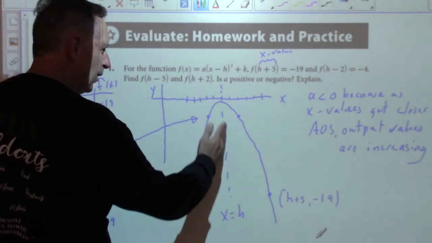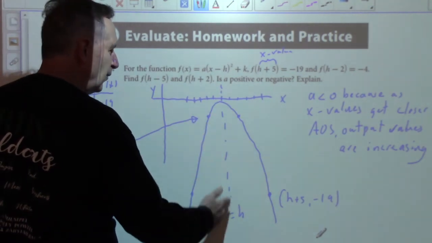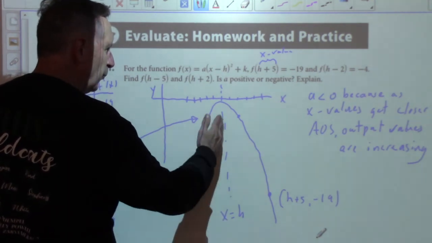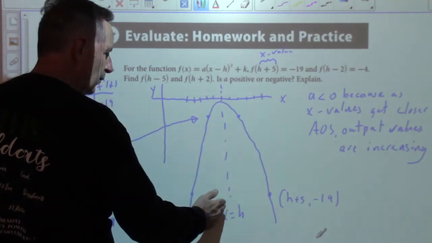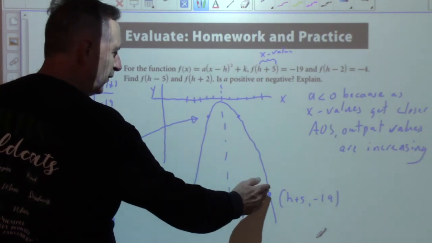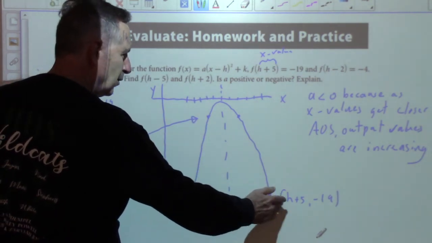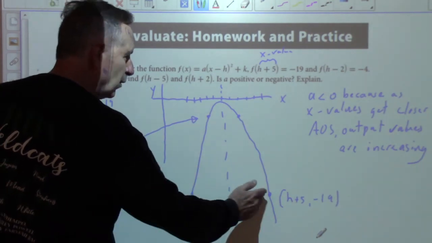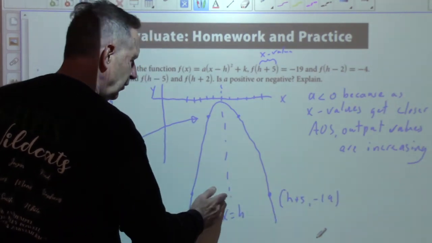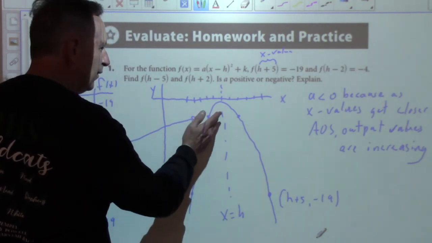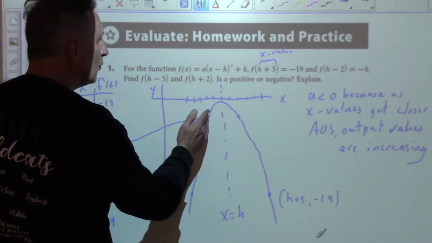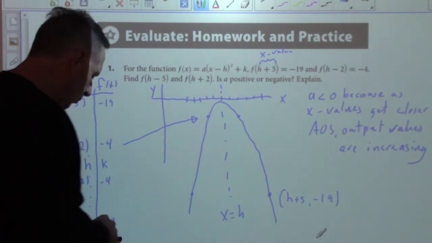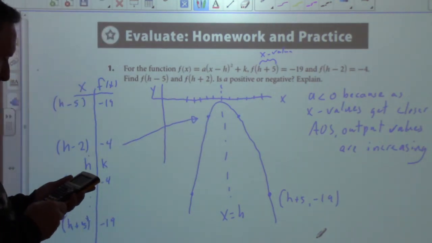I made h equal 5. So I made this 10, comma, negative 4; 0, comma, negative 19; and 3, comma, negative 4.